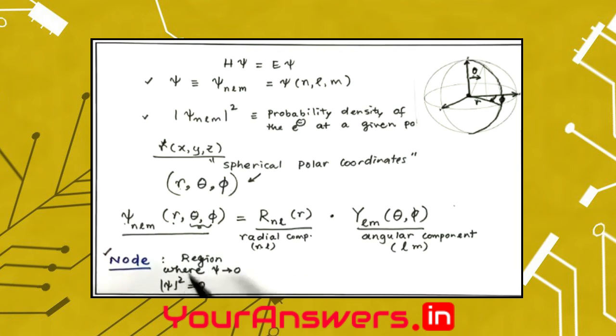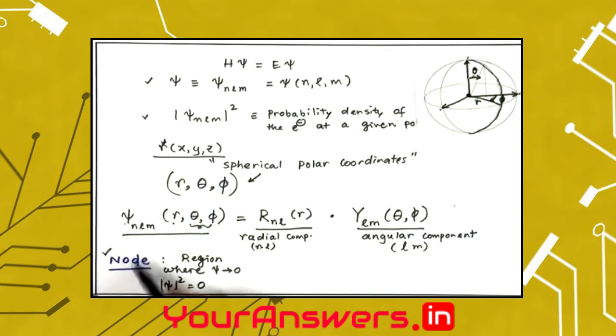I am intentionally using the word region; it can be a point or along a line or along a plane or along a surface, whichever. So, whenever the wave function is 0 and therefore the probability is 0, we call that a node. Now, you look at this wave function.